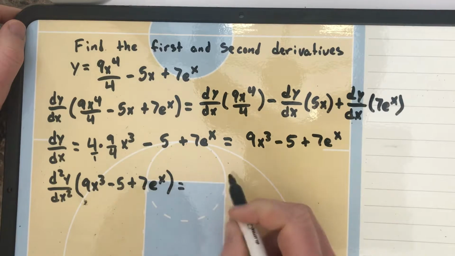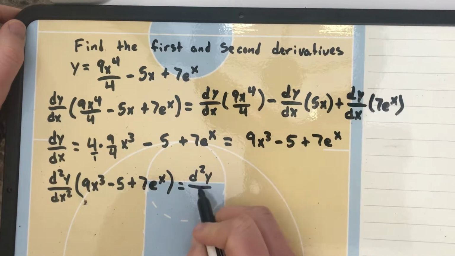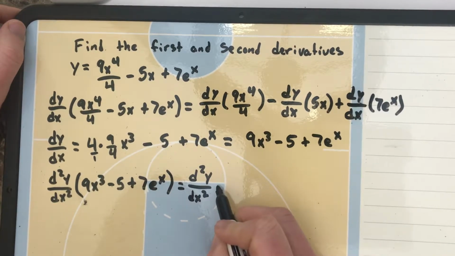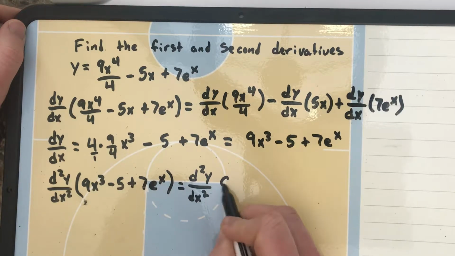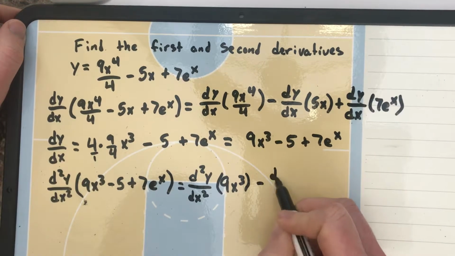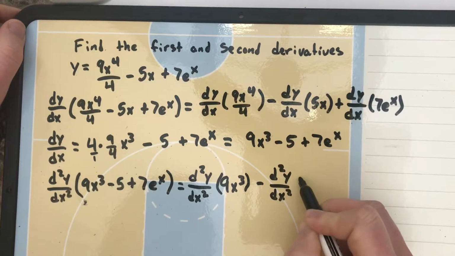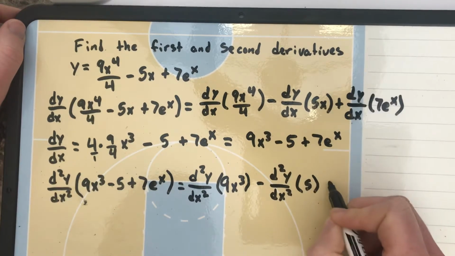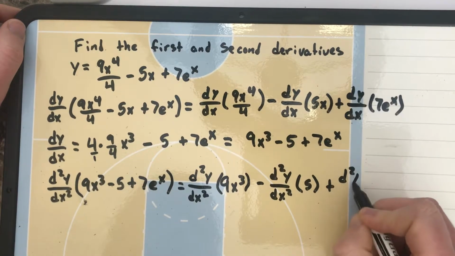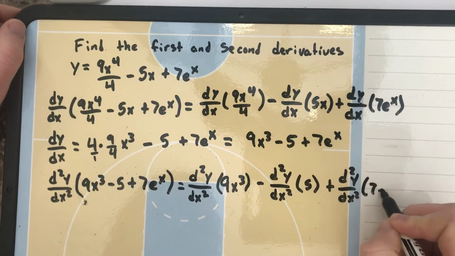Again, I can split that using the sum and difference. So I'm going to say d squared y over dx squared, the second derivative of y with respect to x, for 9x cubed, then I can say minus the second derivative of 5, plus the second derivative of 7e to the x.